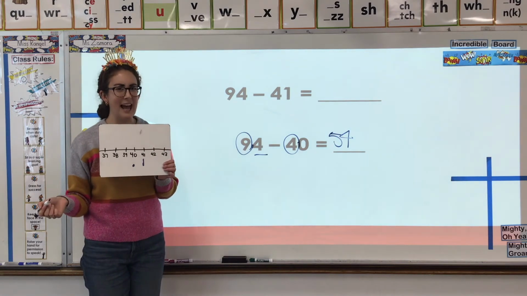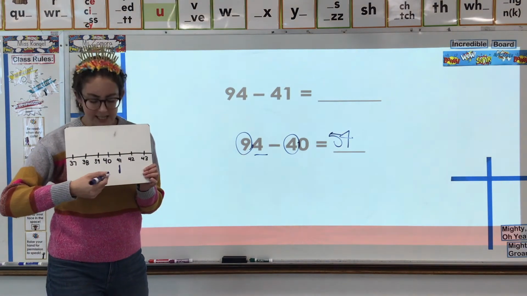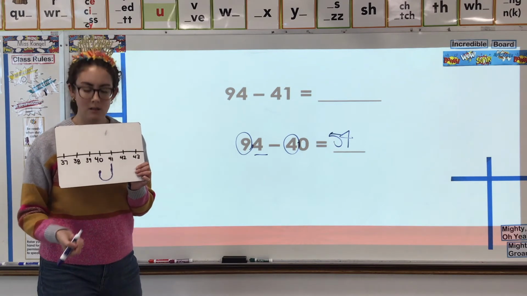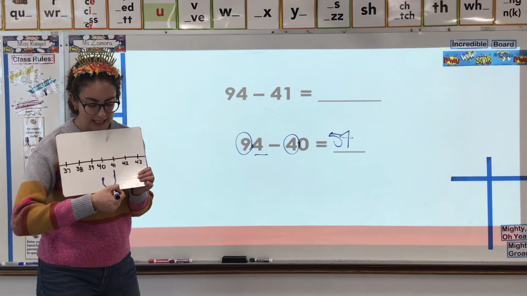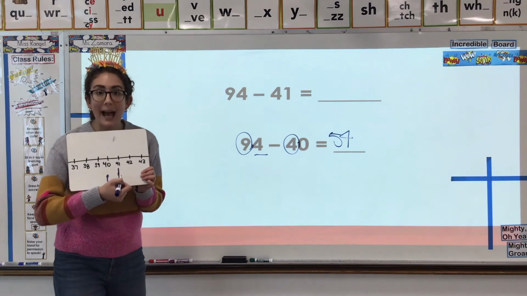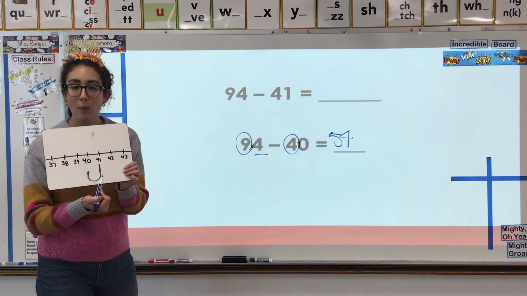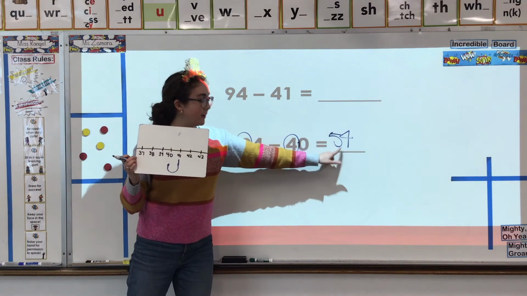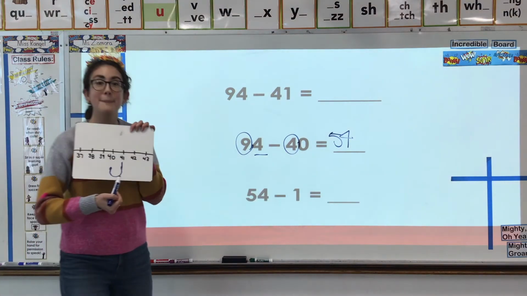But we're not quite there yet. What do we still have to do, my friends? We don't want to take away 40. We want to take away 41. So what do we have to do? We need to keep subtracting. We only took away 40, but we need to keep going to subtract 41. So we want to do 54 minus 1.